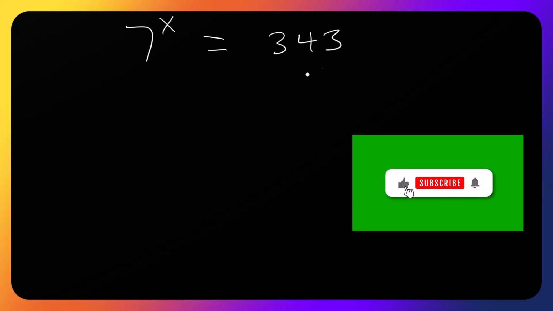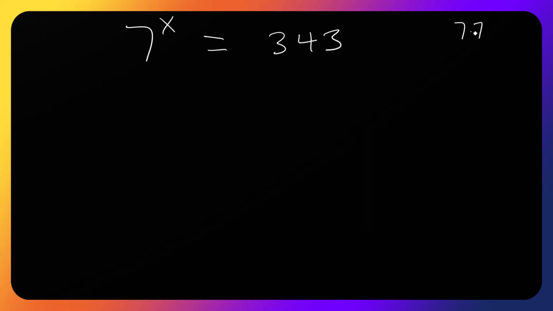Now, is this number divisible by this 7? Yes. So 7 times 7, 49 times 7 will be 343.